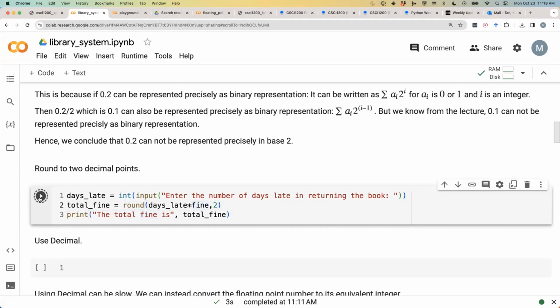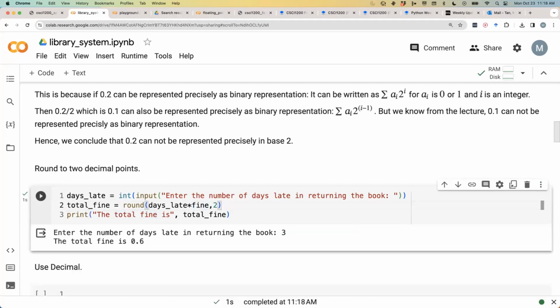Right, and then let's print it now. Say 3, and now I'm rounding it to 2 decimal points. It becomes 0.60. We've omitted the extra digits here, which means now we have the right value for this number of books. However, we're not sure whether rounding to 2 decimal points will always give us no rounding error.